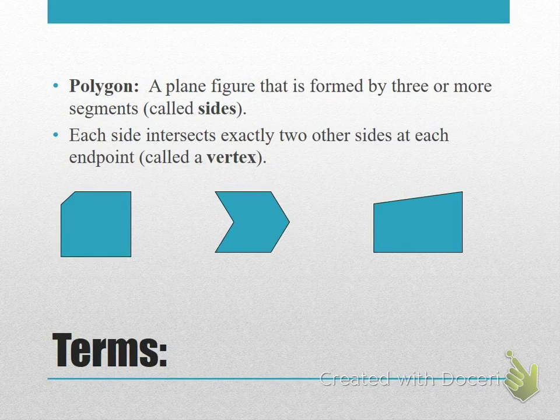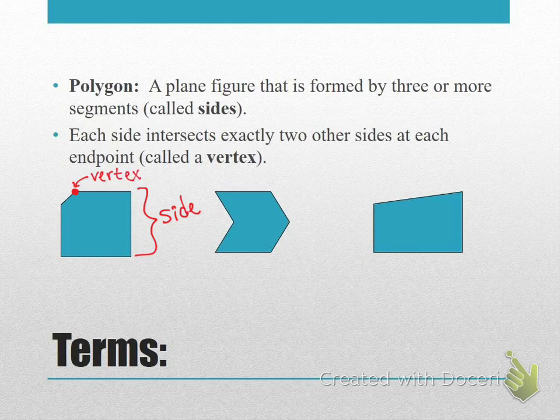Okay, so we've got a few examples of what polygons can look like. So if you wanted to, you could label that this is an example of a side. This corner is an example of a vertex.